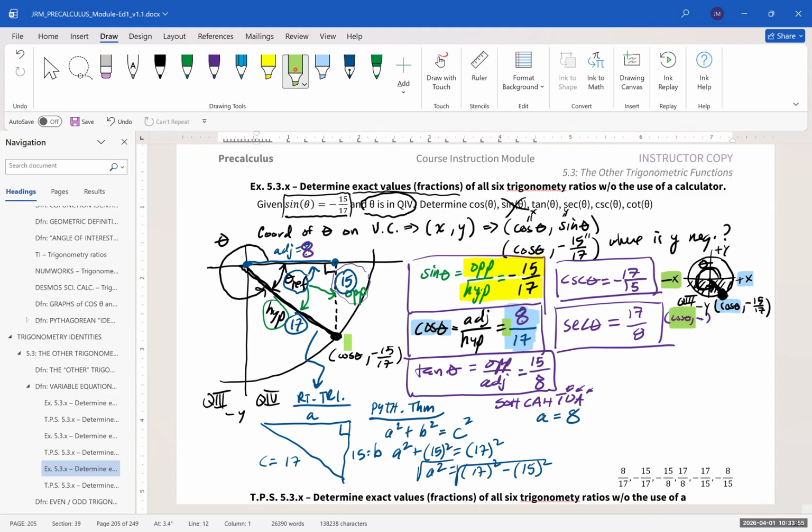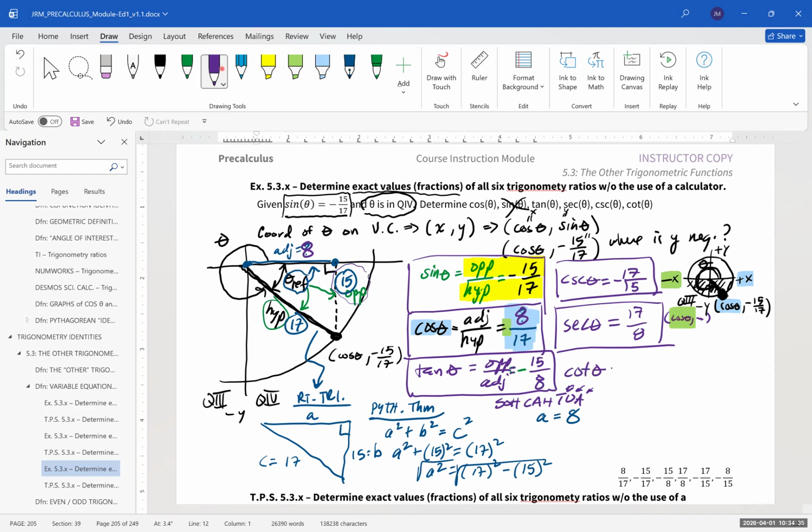So that's 15 over 17, but the value of sine actually was negative, and the value of cosine was positive. So actually, I'm correcting a mistake here. This should have been a negative 15 over 8. It always helps to retrace your steps because I just realized I almost made a mistake.